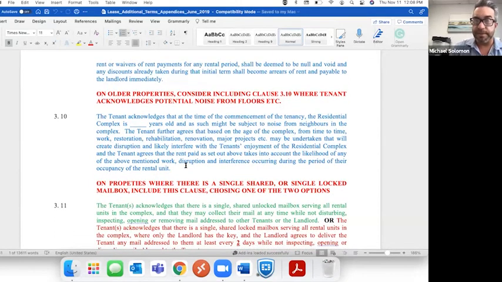Now, on older properties, consider including clause 3.10, whereby the tenant acknowledges that there's potential noise from floors, etc. So this goes to those sort of century homes that we have downtown Toronto, that were built maybe in the early 1920s. And we have a client whose building was actually built in 1908.